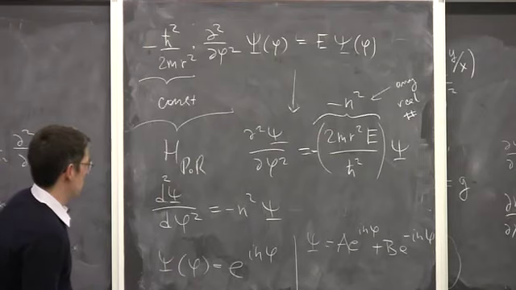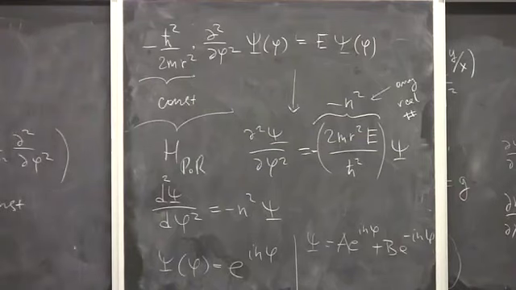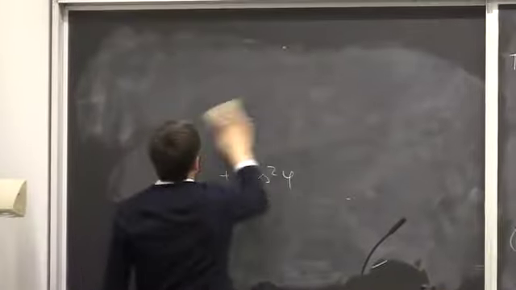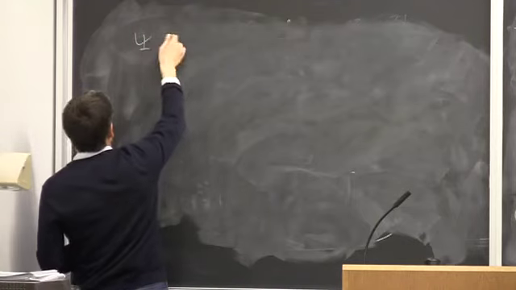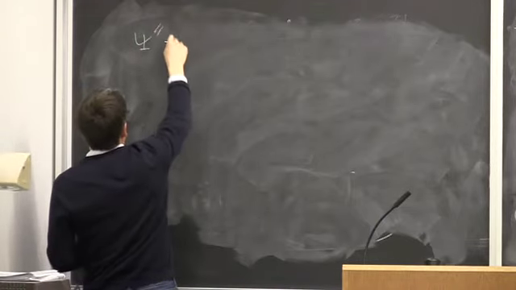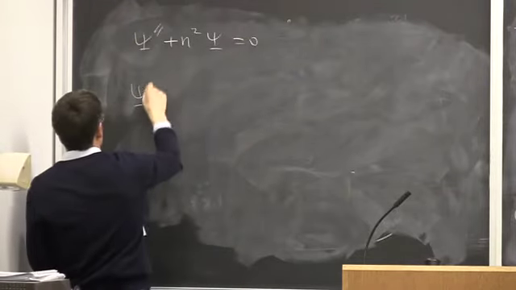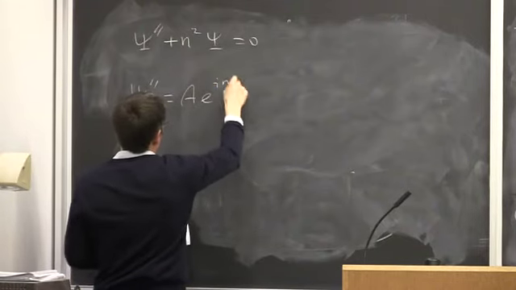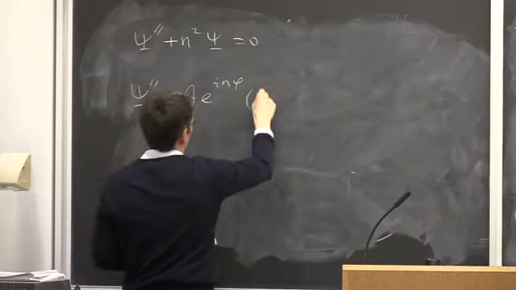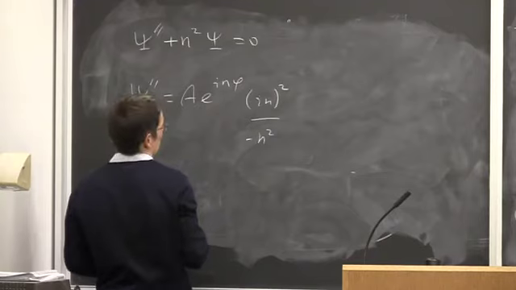Why is that? Oh, simply, if you just look at the differential equation, then you have second derivative plus n squared times the function equals 0. Then the second derivative of the general solution is going to be i n squared, which is n with minus square, right?